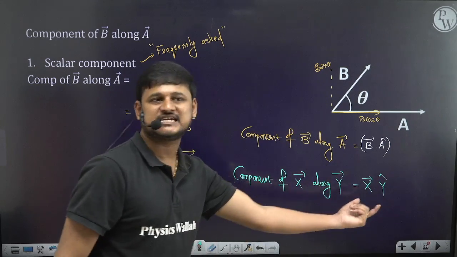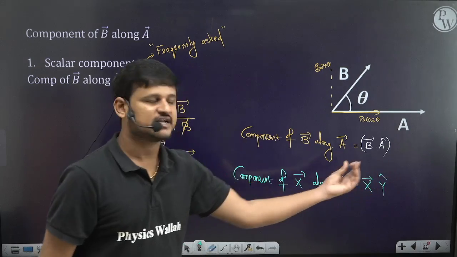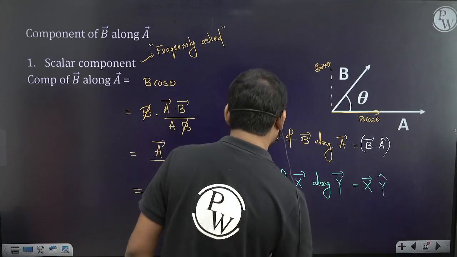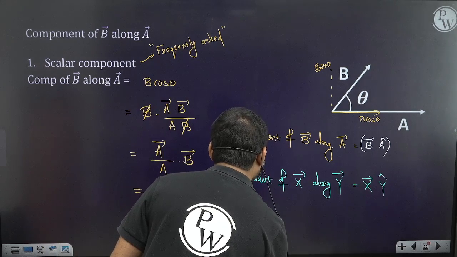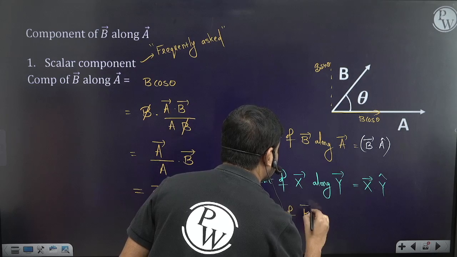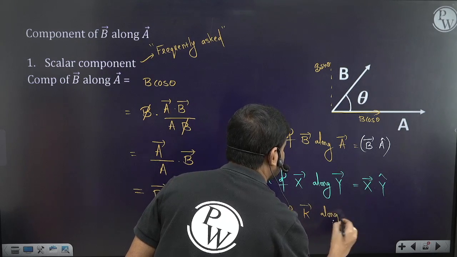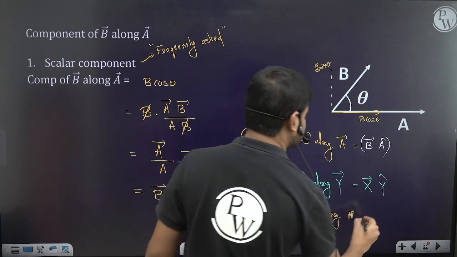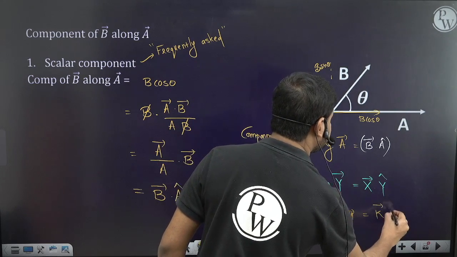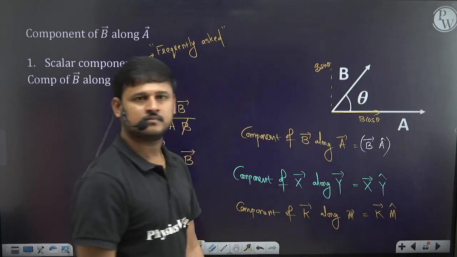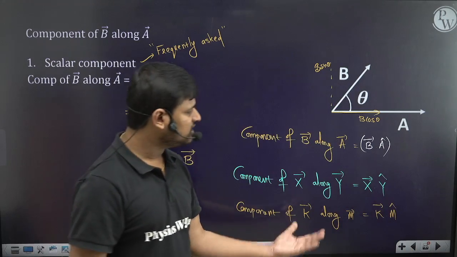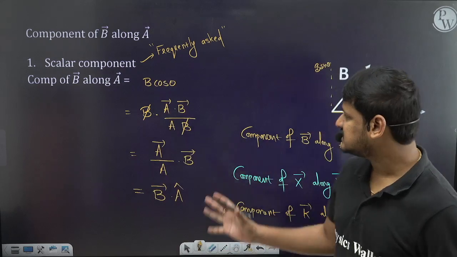Along means direction, and direction will be given by a unit vector. Along y means y cap. Or else, the component of vector k along vector m means vector k and then the unit vector of m, which gives a direction. Understood? This is a scalar component.